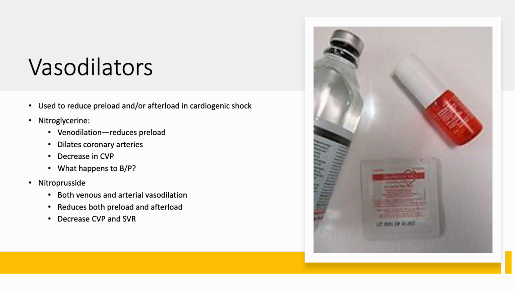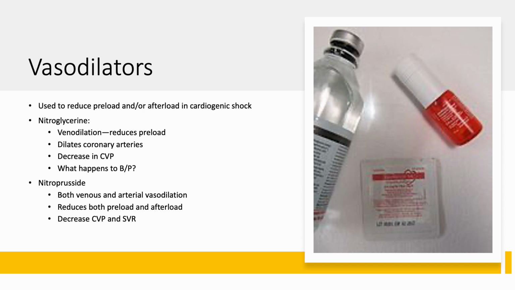The CVP, which reflects the amount of blood returning to the heart, decreases as a result of venodilation. Blood pressure typically drops with vasodilators because of the reduction in vascular resistance, so monitoring for hypotension is essential.